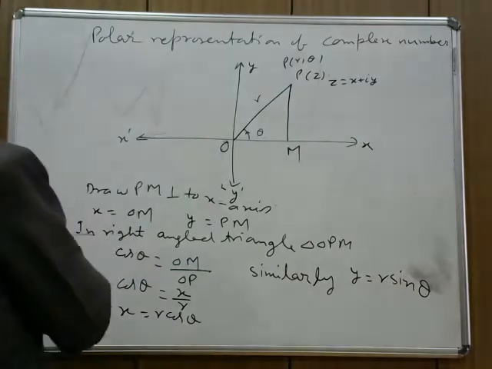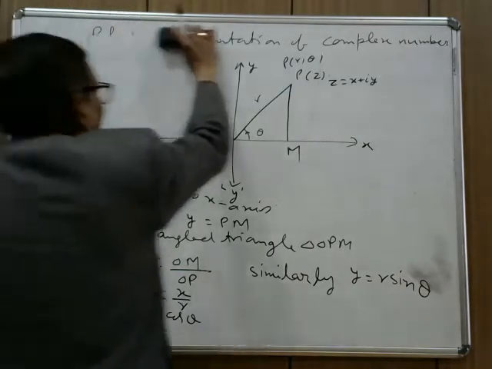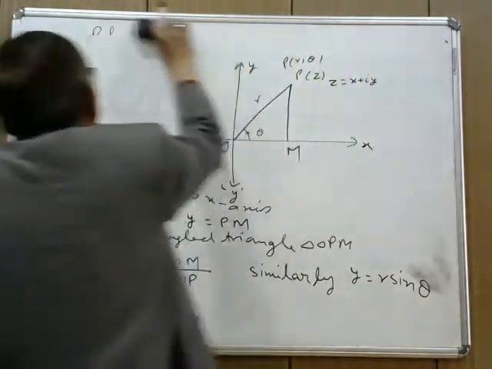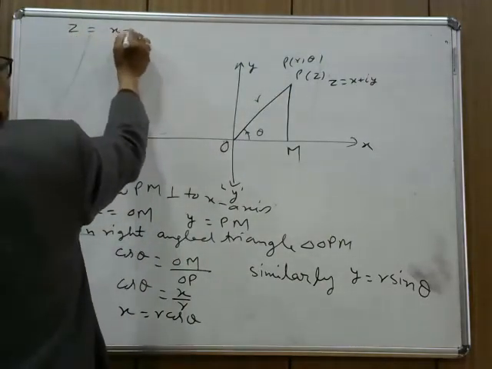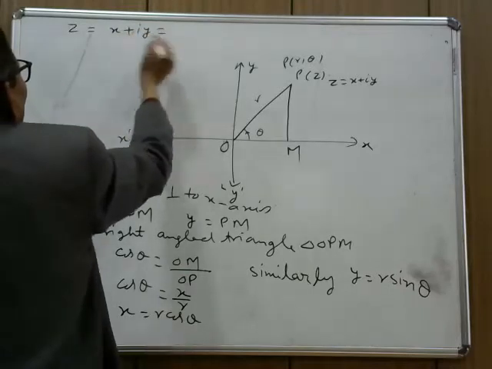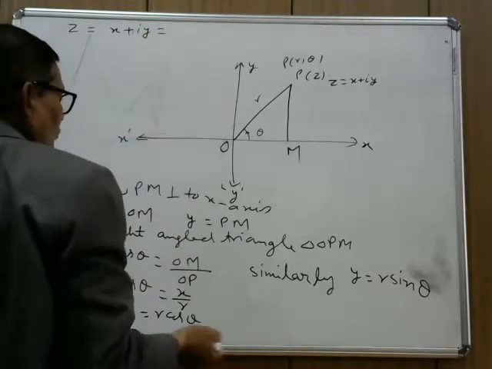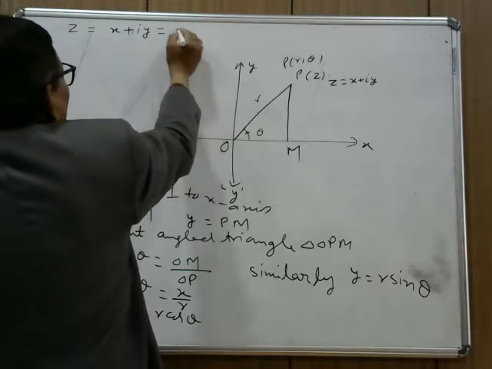You can write your complex number z as x plus iy, substituting x and y in terms of r and theta.